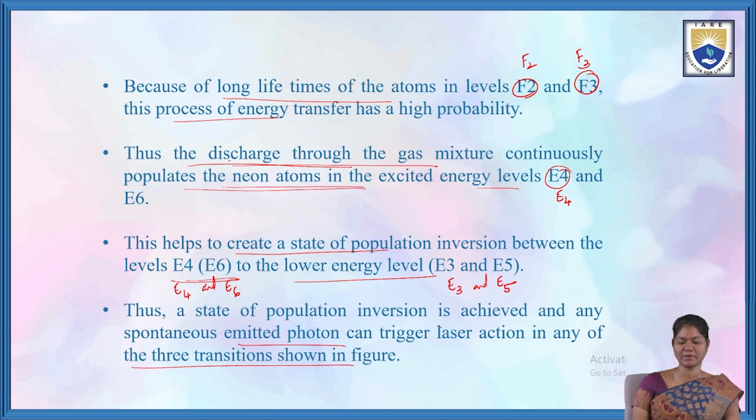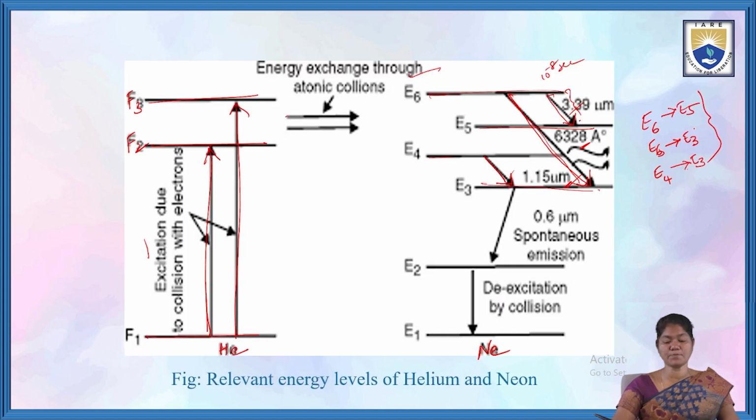So a state of population inversion is achieved, and any spontaneous emission may trigger laser action in any of the three transitions.